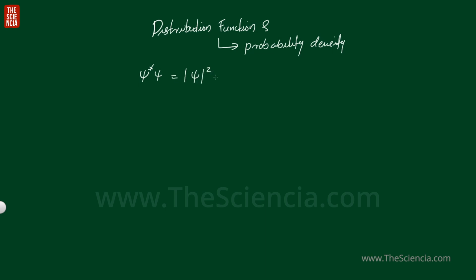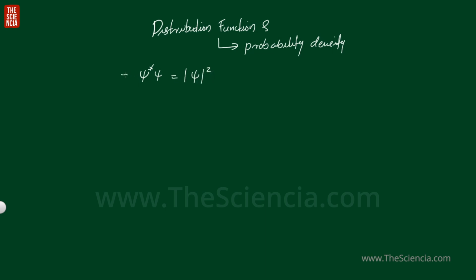Distribution function. The distribution function rho is nothing but the probability density. We know the probability density is psi star psi, or mod psi squared.